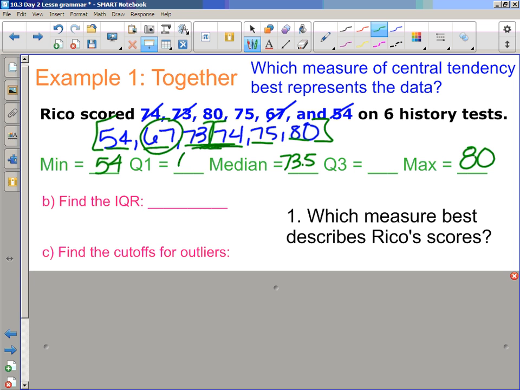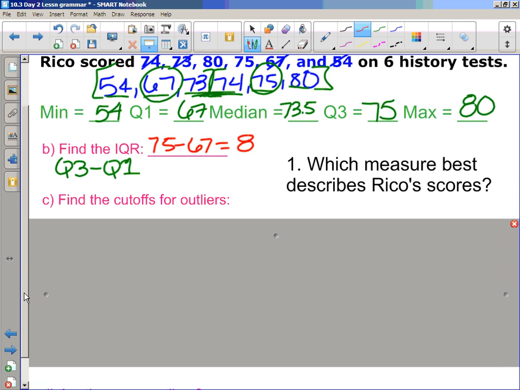Q1 is 67. Q3 is 75. Right, next step, we find the IQR. It's Q3, subtract Q1, remember. So Q3, 75, subtract 67, leaves me with 8. So my IQR is 8. And next we need to find the cutoffs.